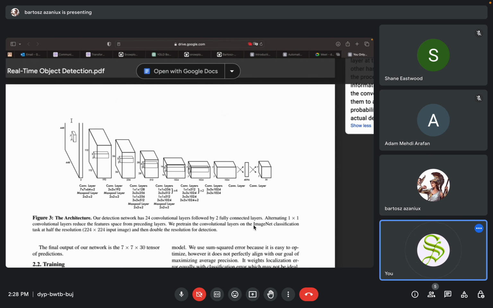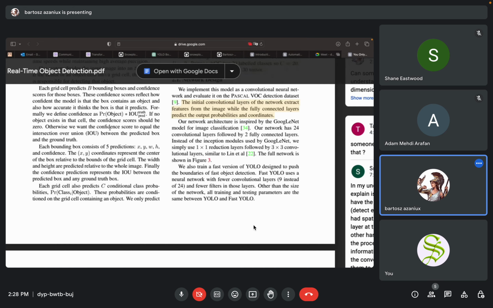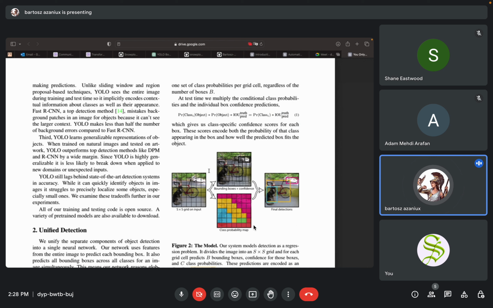So this final feature map will correspond to this S grid, right? So this is what the final feature map is.